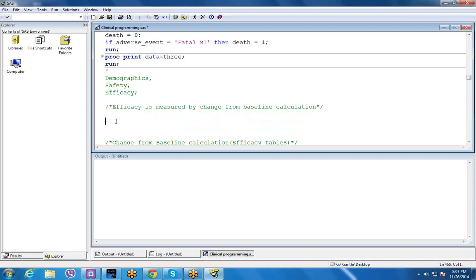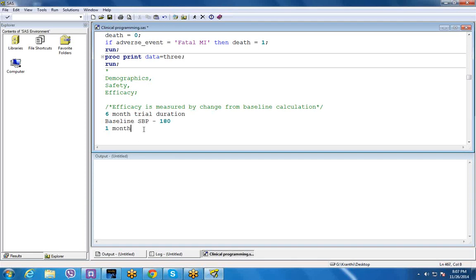For example, a patient has systolic blood pressure initially of 180. Maybe the trial duration is 6 months. So what is this 180? It is the baseline.